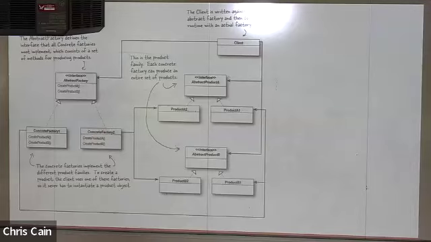But none of that needed to be specified at the abstract level. The way that you request that is exactly the same no matter which concrete factory you want to use. It's the same thing for each of the products. So we have an abstract factory, abstract products, concrete factories, and concrete products.